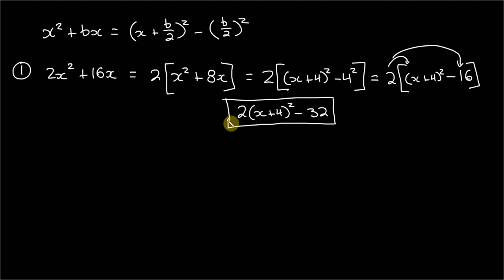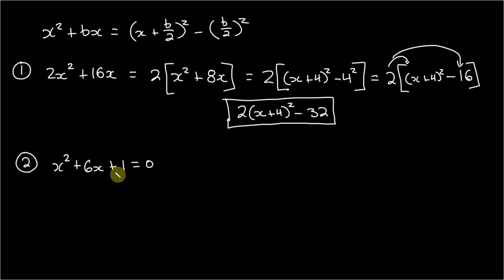With this particular example done, let's consider something different, say a more standard quadratic. Say that we're given x squared plus 6x plus 1, which equals 0.